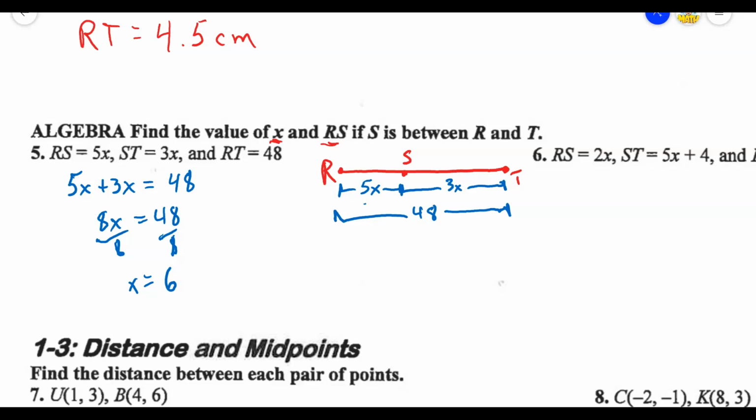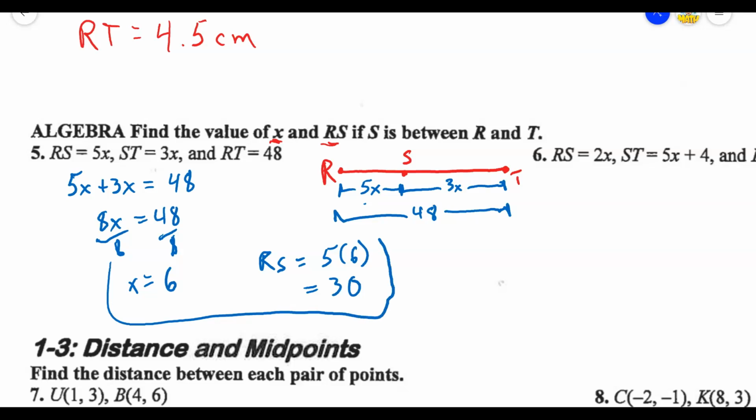Look, 5x is bigger than 3x, but we've drawn it the opposite, but it's okay. So to find RS, we got x equals 6. So what would RS equal? So hopefully you took that 6 and just multiplied it by 5 and said that that would be 30. So our two answers, x and RS, 6 and 30.